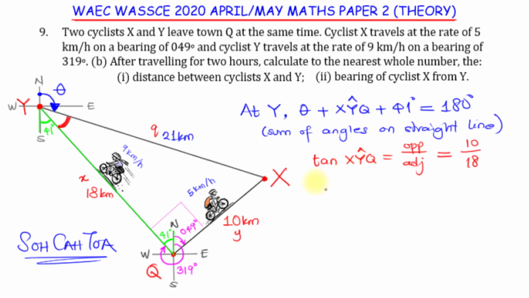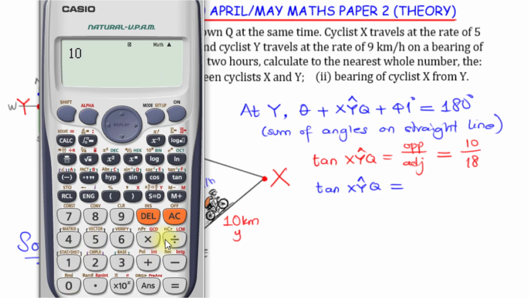So that means that tan XYQ is equal to 10 over 18. What is 10 over 18 from our calculator? 10 divided by 18 is what? It's 5 over 9, which is 0.5 recurring. This mark on top of the 5 means that it is a repeated value.